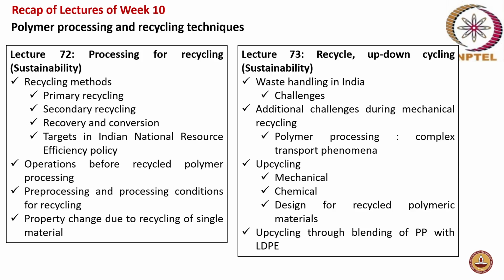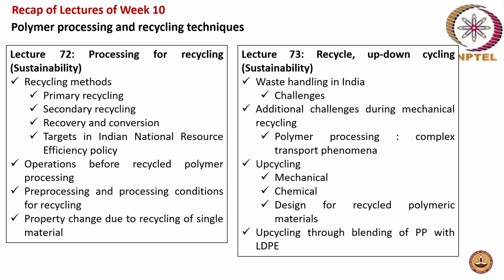Because we have already seen that there are flow phenomena involved, rheological. So we have to consider those rheological properties, and multi-phase flow is involved. This is applicable even for a virgin polymer. So what happens in case of a recycled polymer? The complexities in transport phenomena get added on. Not only that, polymer processing also has its own complexities.